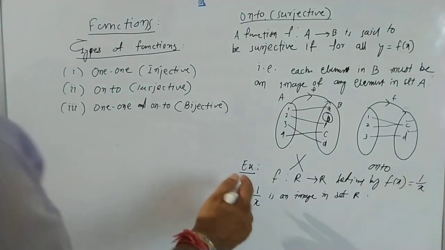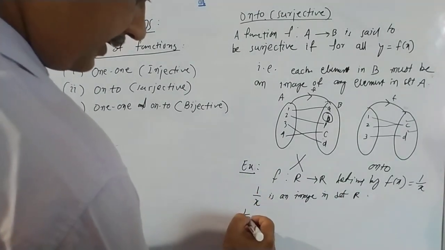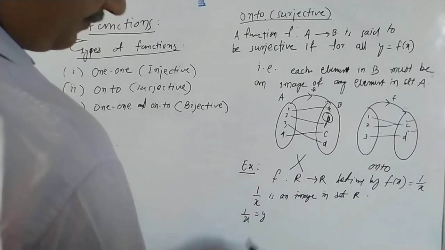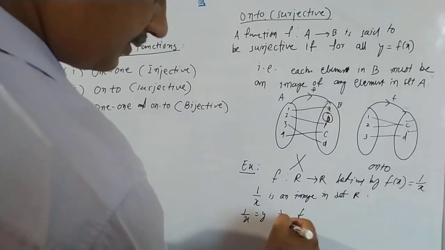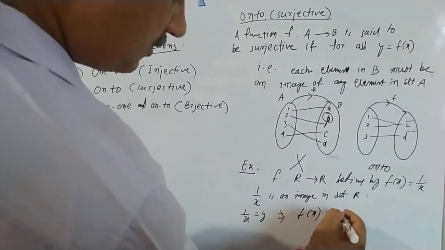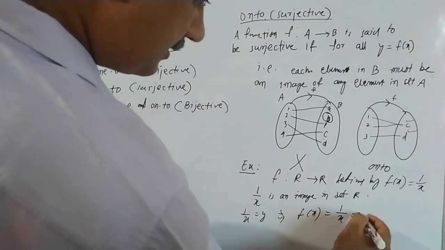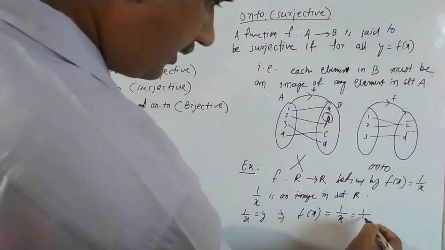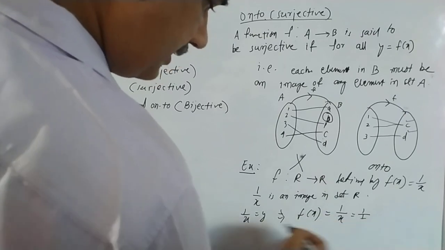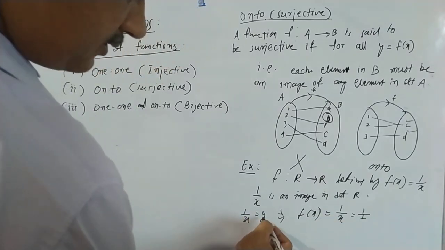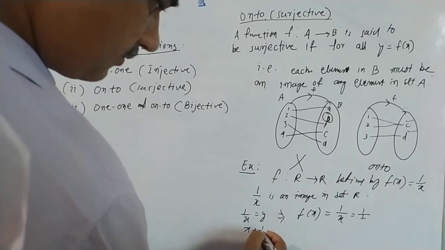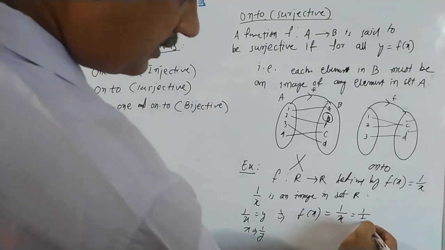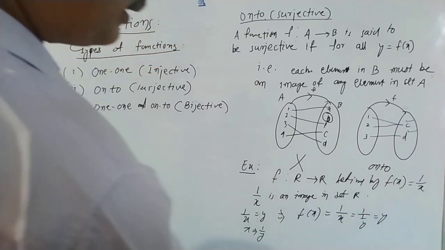If 1 by x is equal to y, then x is equal to 1 by y.